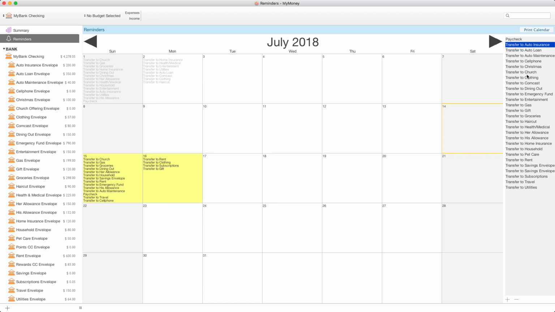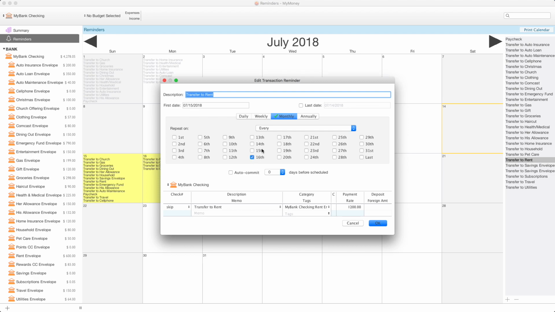Come up here, see that was rent. All right, so it's set to go on the 16th, so it shows up on this day. If I auto commit it, then I can say I want it to auto commit one day early, so it actually commits on the 15th, even though I've scheduled it for the 16th.